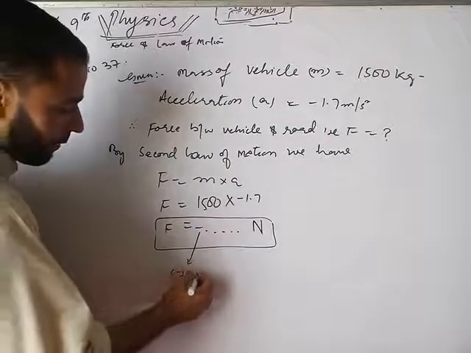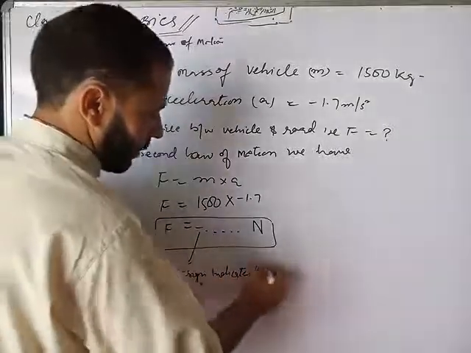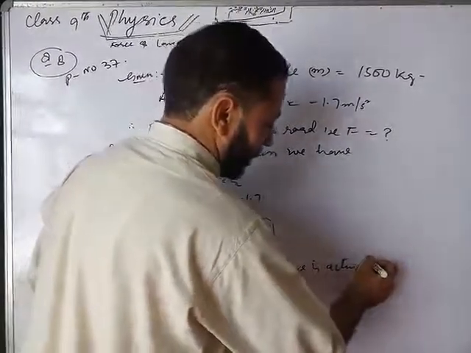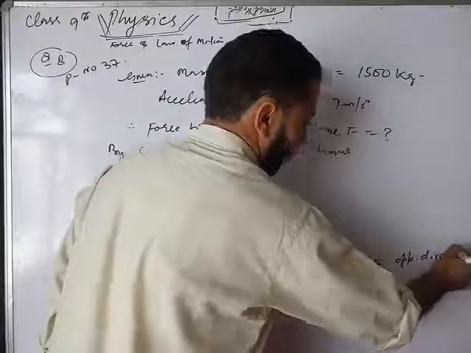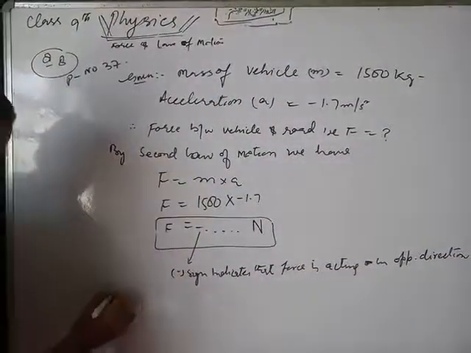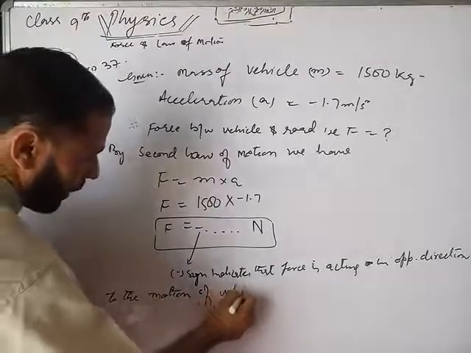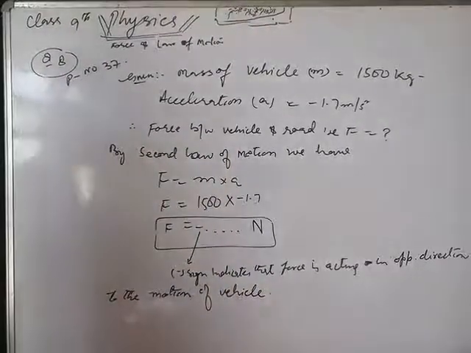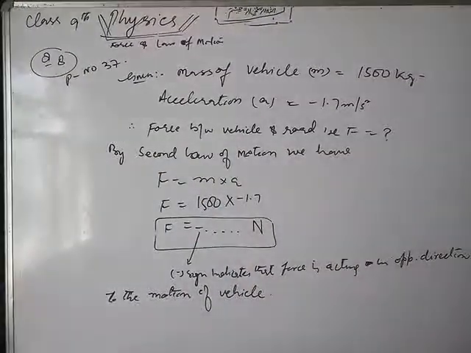Minus sign indicates that force is acting in the opposite direction to the motion of the vehicle. यानी माइनस साइन indicate करता है कि फोर्स अपोजिट डायरेक्शन में है, in the opposite direction to that of the motion of this vehicle. ये आप खुद निकालिए. फोर्स को मल्टीप्लाई करने के बाद निकलेगा आपको ये फोर्स.